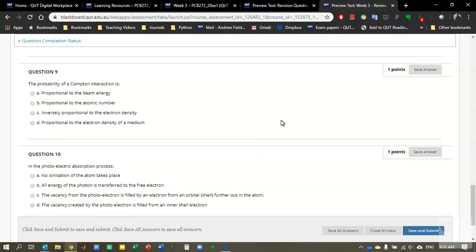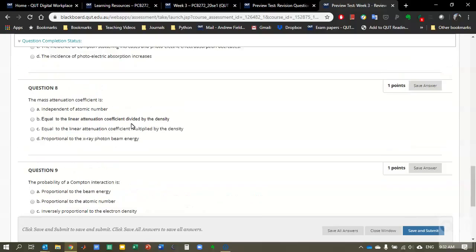The probability of a Compton interaction. Question 9. This is proportional to the electron density. Okay. Sorry, I didn't put the answer in on this one.